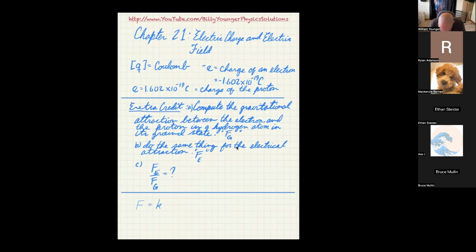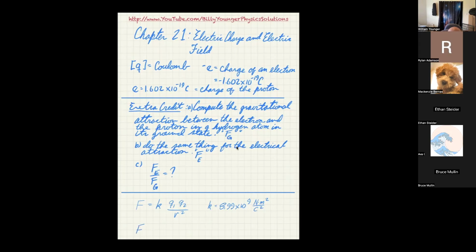So that means it's directly proportional to Q1 and Q2, and they're supposed to be point charges. And it's inversely proportional to the square of the distance between them. And this K is actually equal to 8.99 times 10 to the ninth. And of course, those units turn out to be newtons meters squared per coulomb squared.